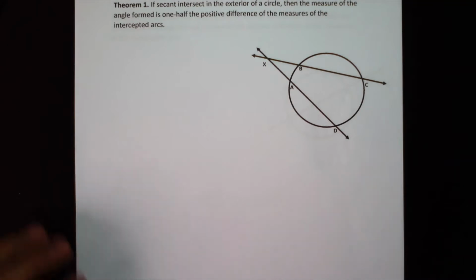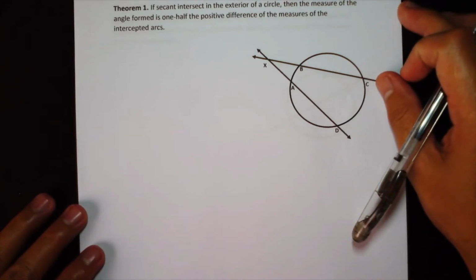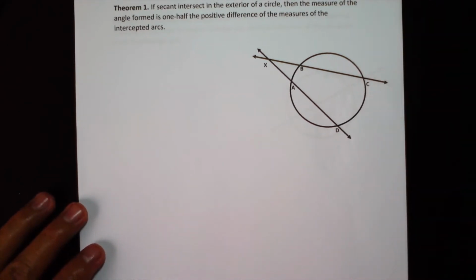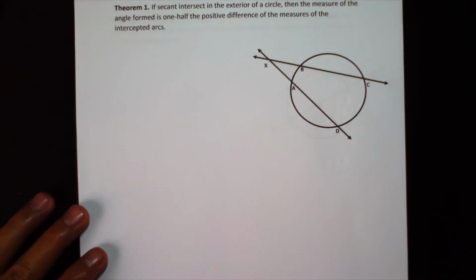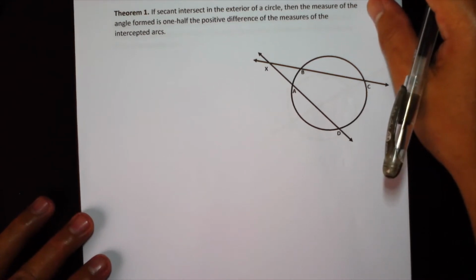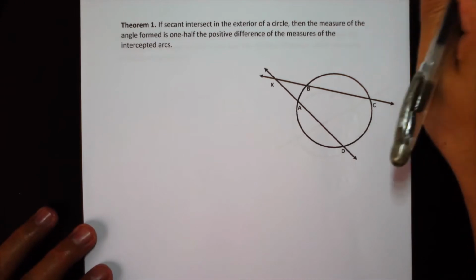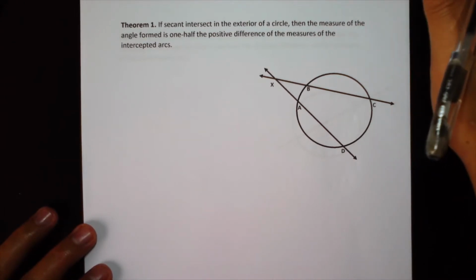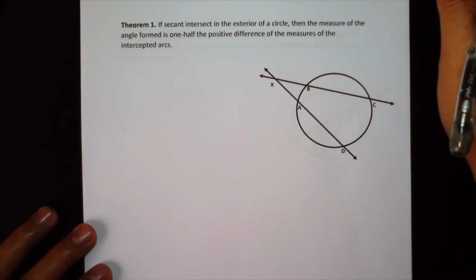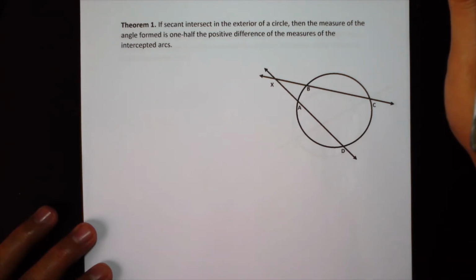We have here theorem number 1, the theorem for secants. If two secants intersect in the exterior of a circle, then the measure of the angle formed is one-half the positive difference of the measures of the intercepted arcs.